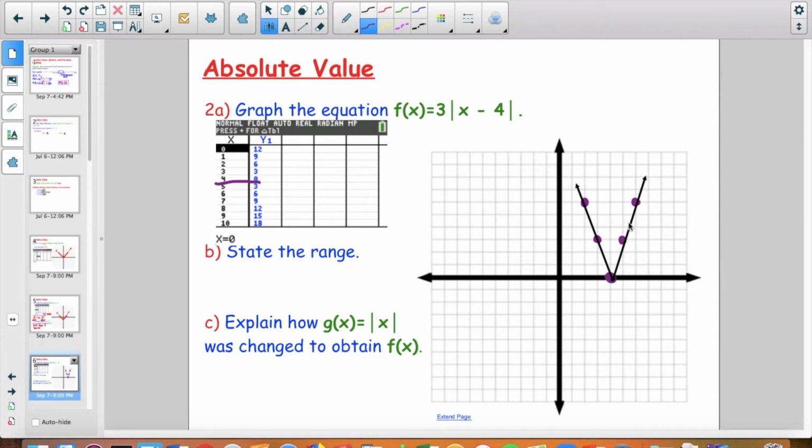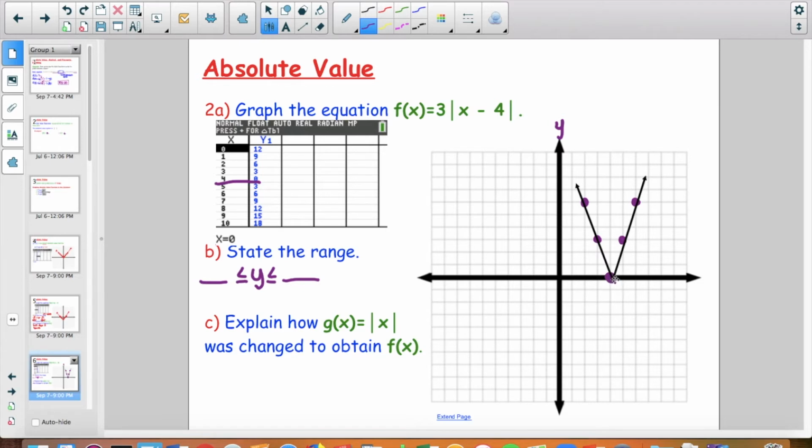Okay, now that we have the graph made, let's state the range. So remember, it's some number less than or equal to y, less than or equal to some number. This number being the lowest point, this number being the highest point. So here's our y-axis. The lowest number that our graph gets is going to be on the vertex.